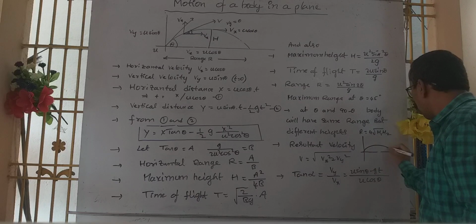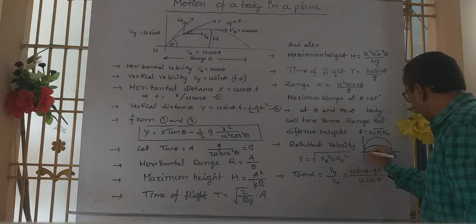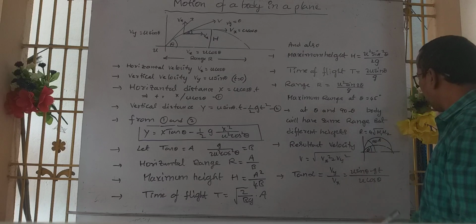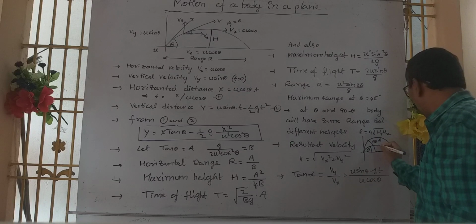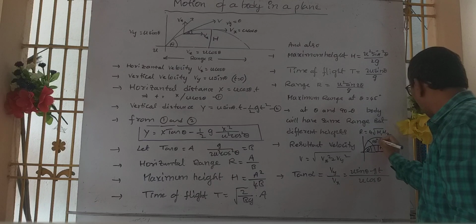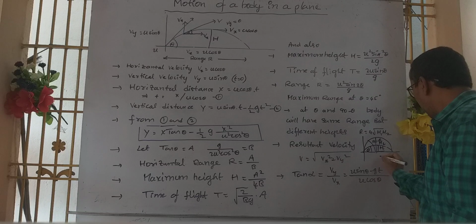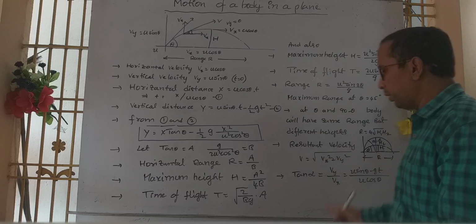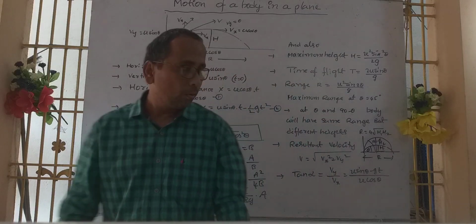One body is projected like this, the second body is projected like this. This is theta angle and this is 90 minus theta angle. The two bodies have heights h1 and h2, but in both cases they arrive at the same range.